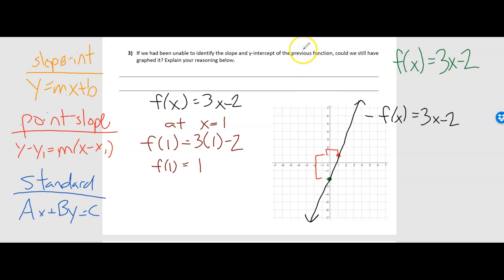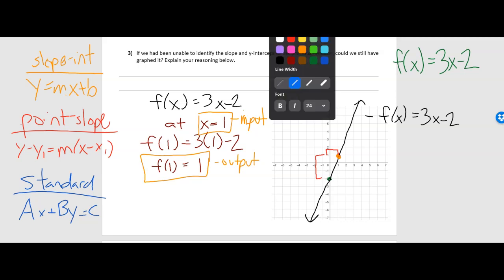So my input was 1. My output was also 1. So my point ends up being 1, comma 1. And you'll notice that was already a point we had on our line. Okay, so we could have chosen that point.